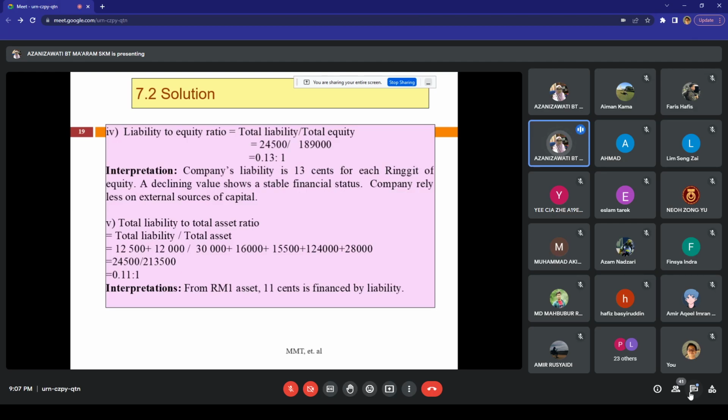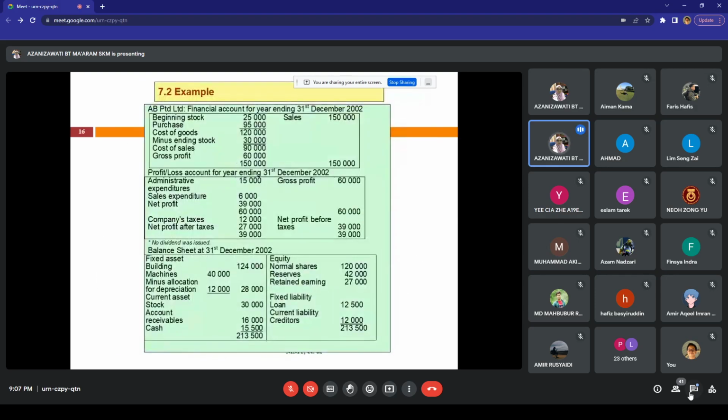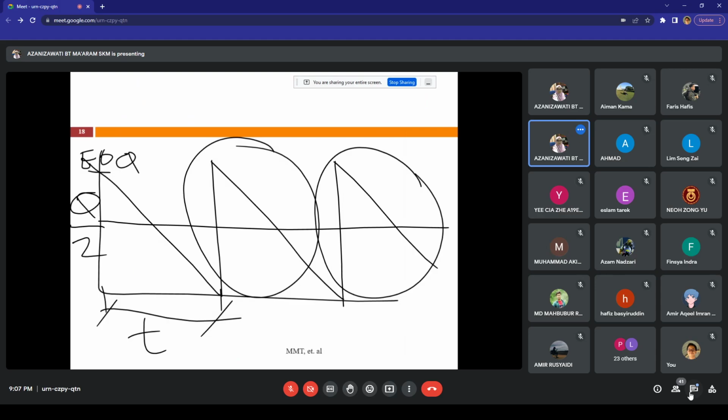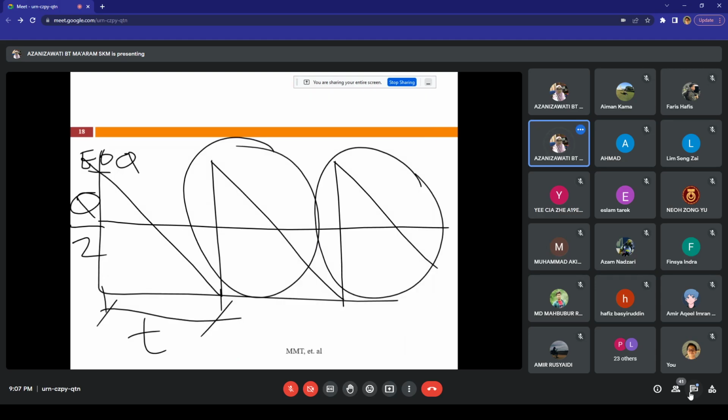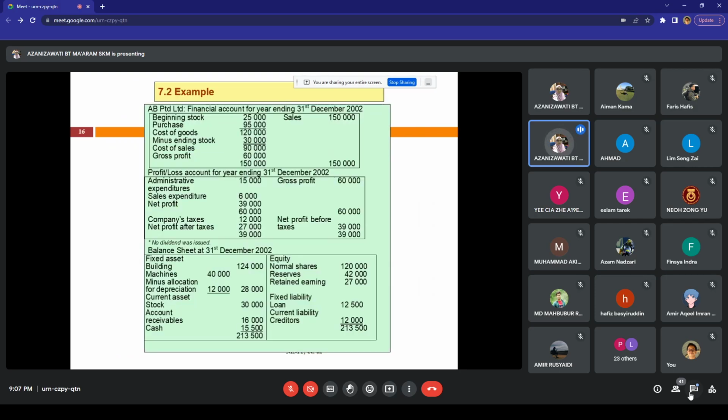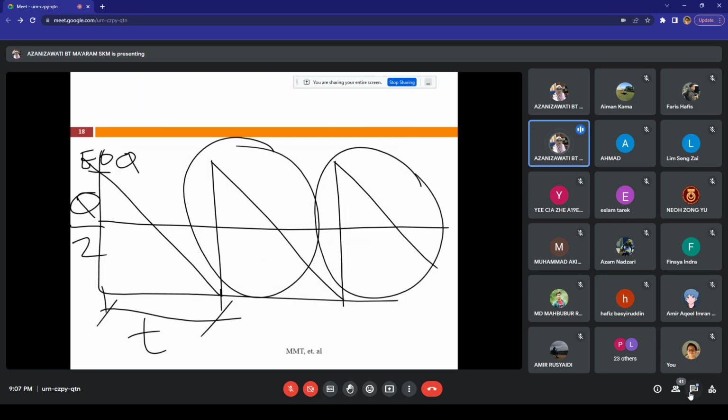And liability to equity ratio. So total liability divided by total equity. So you have to calculate the total liability. So your liability, we have fixed liability as well as current liability. So divide by total equity. So you have to calculate your total equity. Okay. 120 plus 42 plus 27.